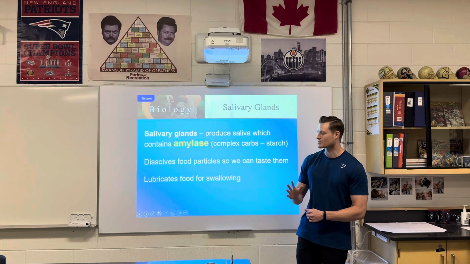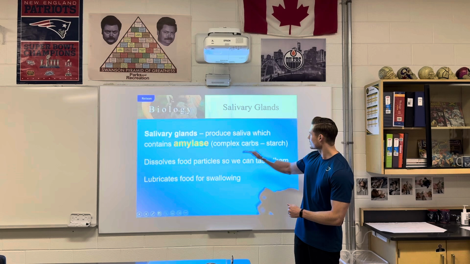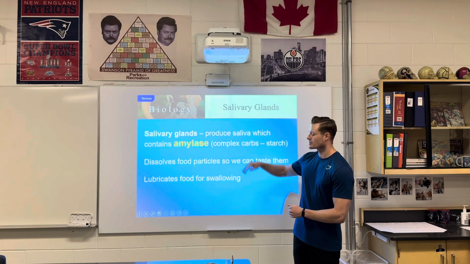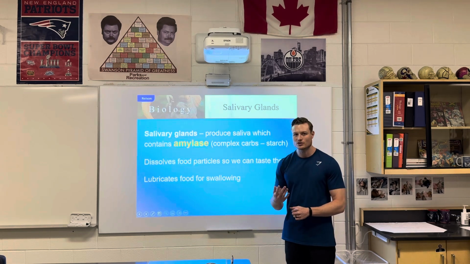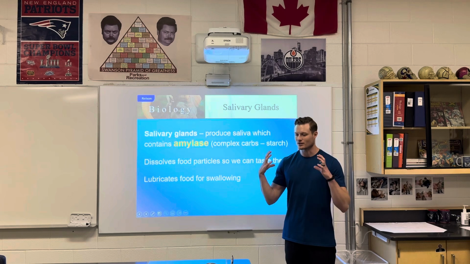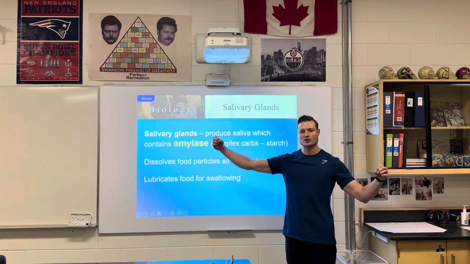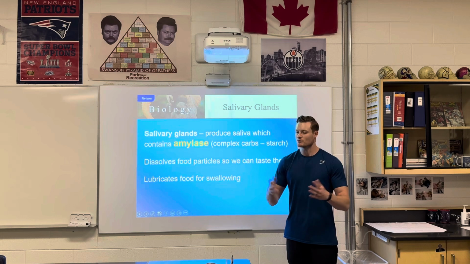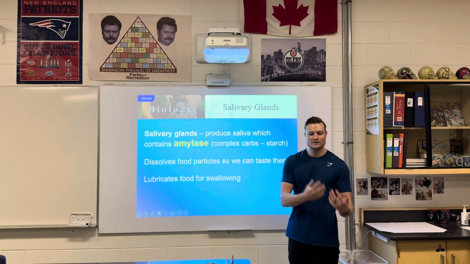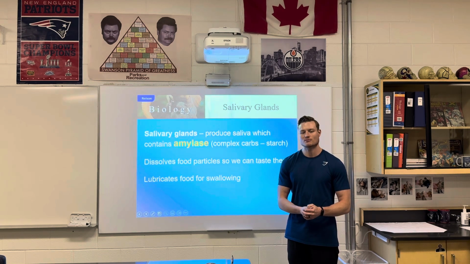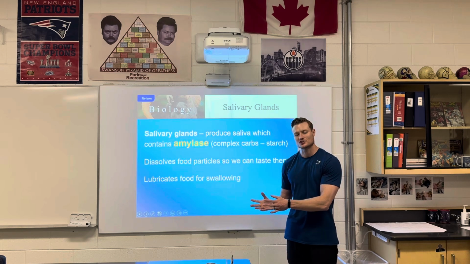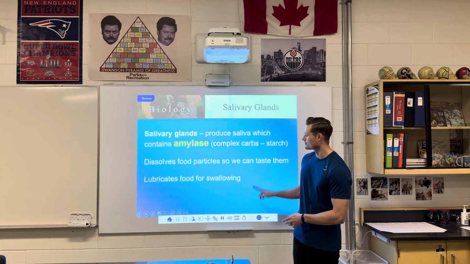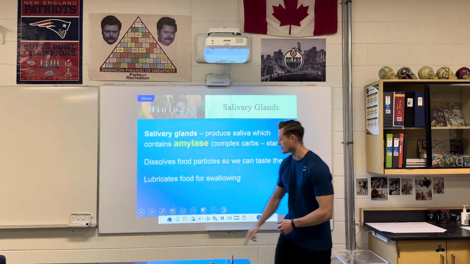Amylase is going to come in, coat your food, and take those complex carbohydrates like your starches and your cellulose and those fibers, right? The complex long chain polysaccharides, and amylase is going to start to chop those down into smaller chains. So not only are we physically digesting our carbohydrates in our mouth, we're also chemically digesting them as well. So chemical digestion of carbs will begin in the mouth.